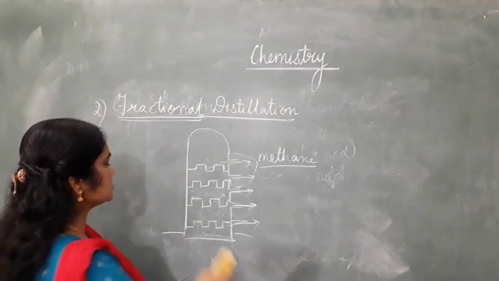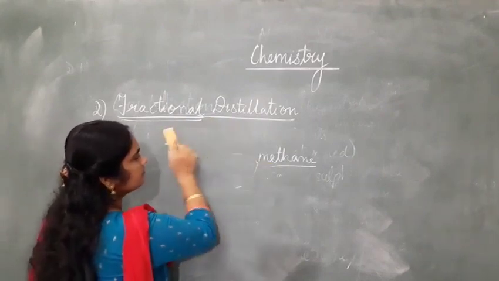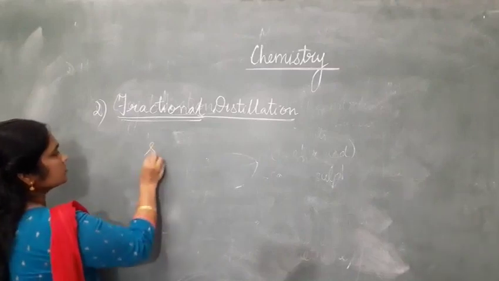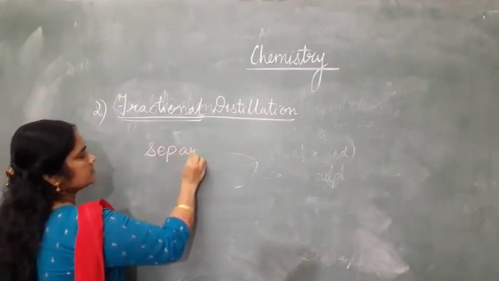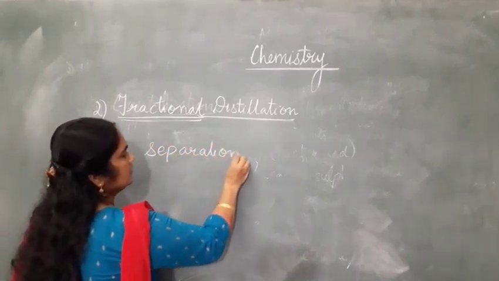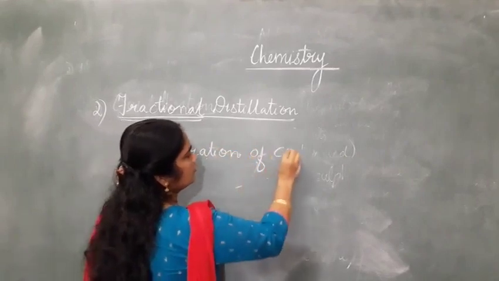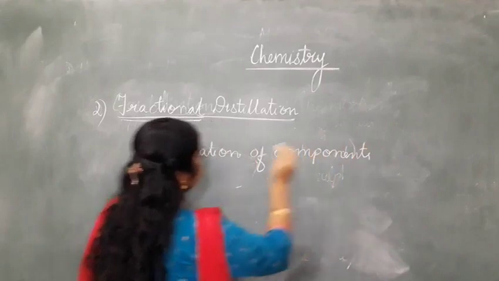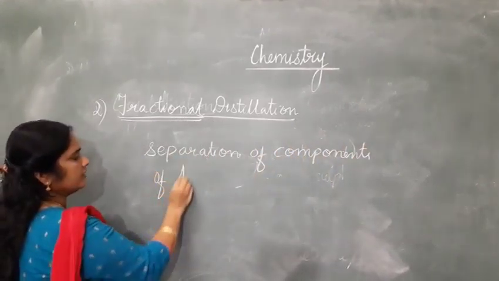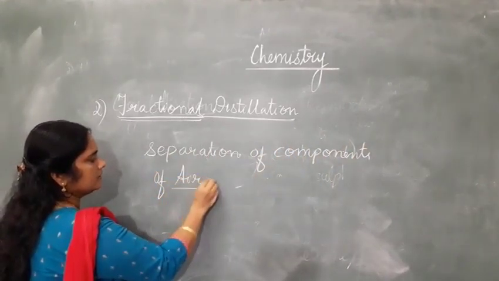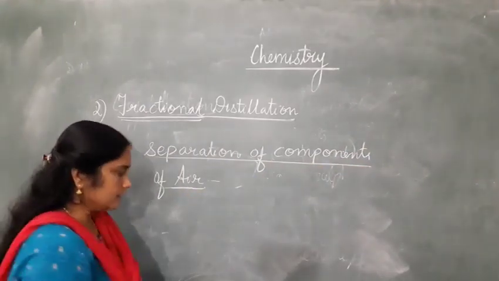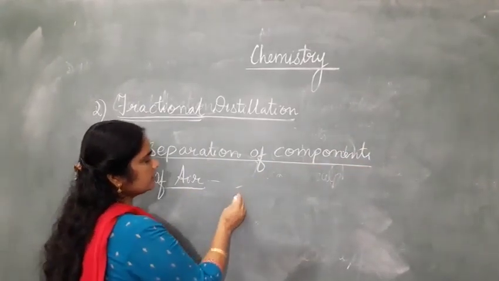That is one application. The second application of fractional distillation is the separation of components of air. Now, air is a mixture of gases, and air itself is made up of different gases.